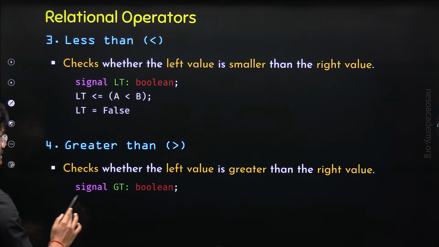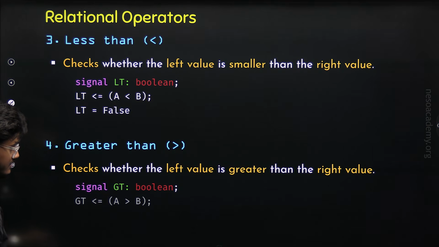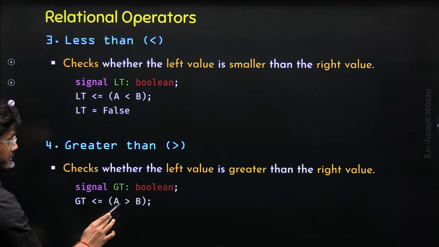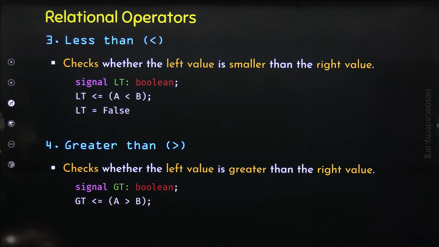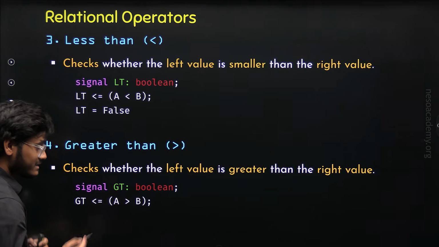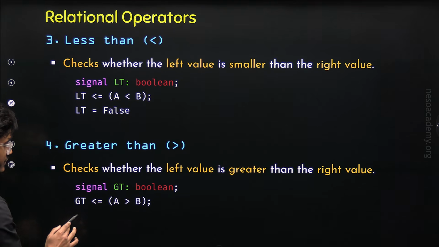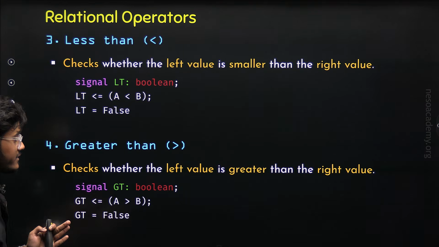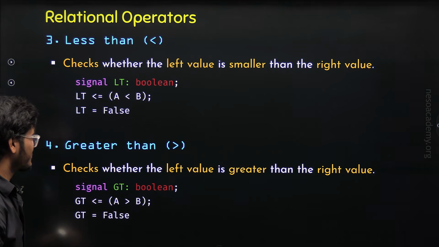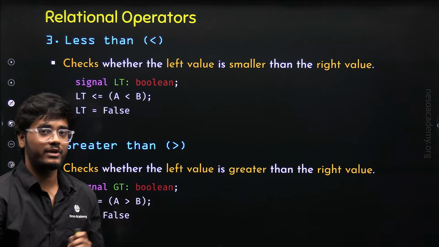For that, I am taking signal GT to store the result and writing the operation A greater than B and storing the result inside this GT signal. Now, A is 10 and B is 10, which means GT will return false, which indicates A is not greater than B. So, this is the greater than operator.